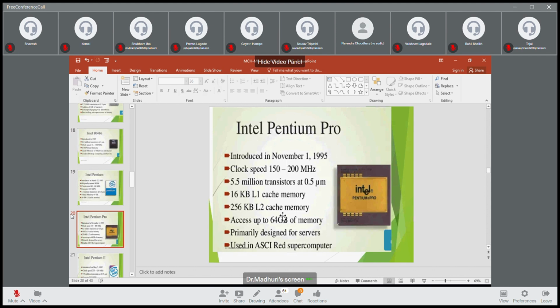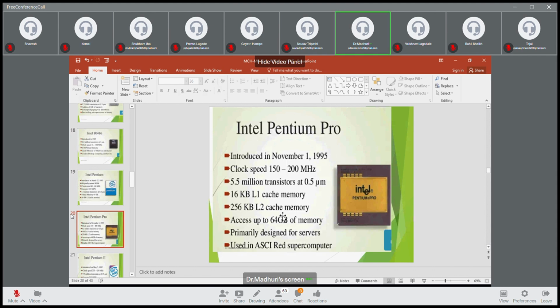In the earlier version there was only one level of cache, but in this Intel Pro they have the L2 cache memory, and they can access near about 64 GB of memory. This is the very first processor that they designed for the server.